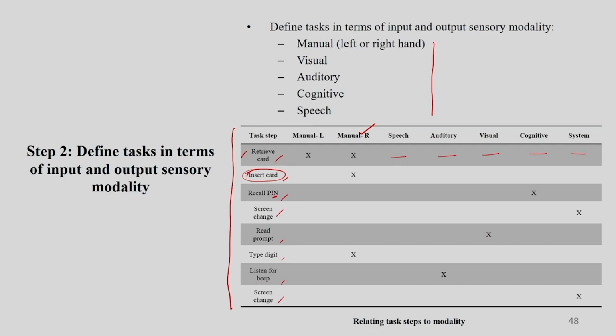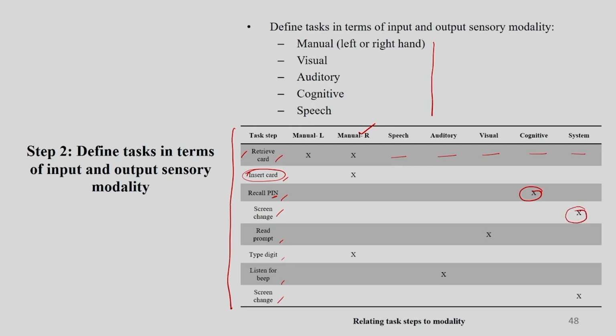Recall the PIN is absolutely cognitive, right? You are actually remembering what your PIN is. Then screen change. Screen change means the operator is not doing anything, they are just waiting for the machine to respond. When you are waiting for the machine to respond, that means the system is active.